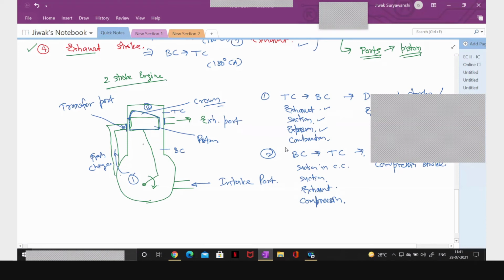So instead of moving in this direction, it will move in this direction. Of course, there is some arrangement by which you can provide valves also here, but we want to make this mechanism as simple as possible. Because if you go for a valve, you need a certain arrangement to operate that valve. Yes, sir, understood.